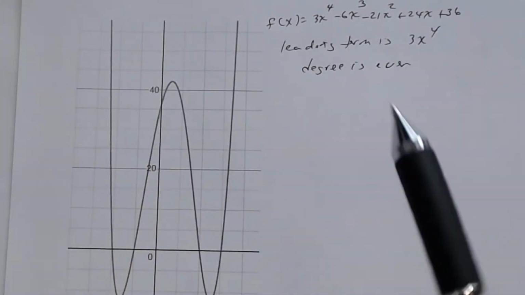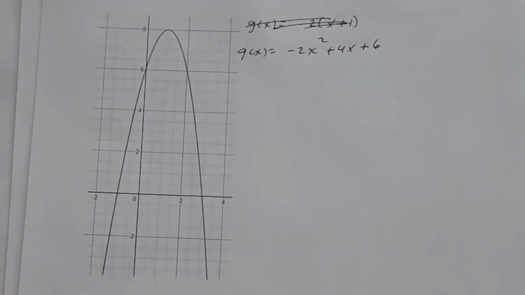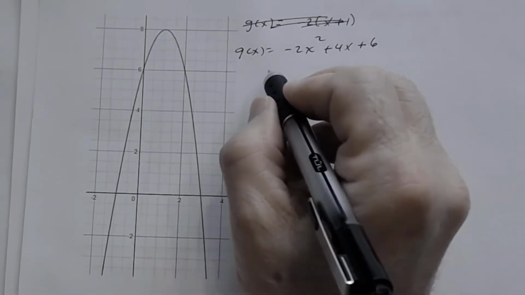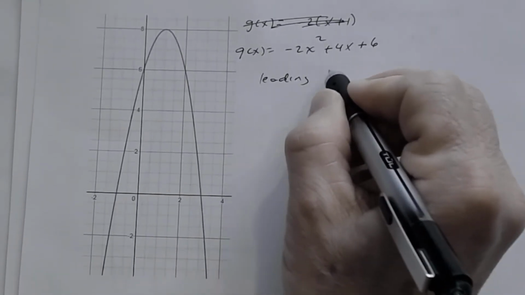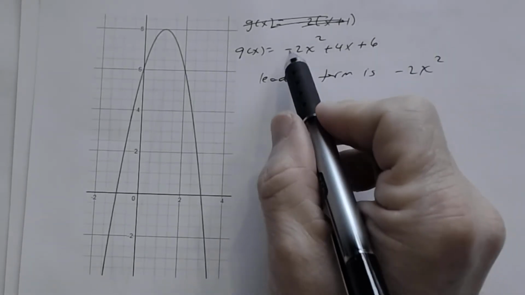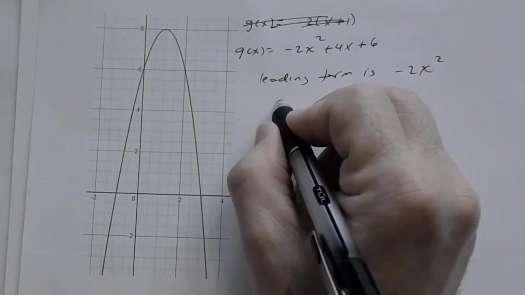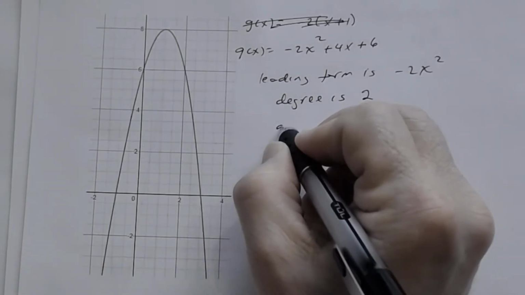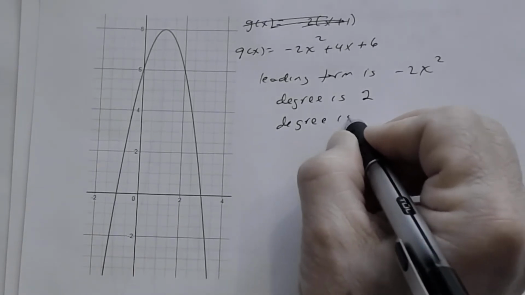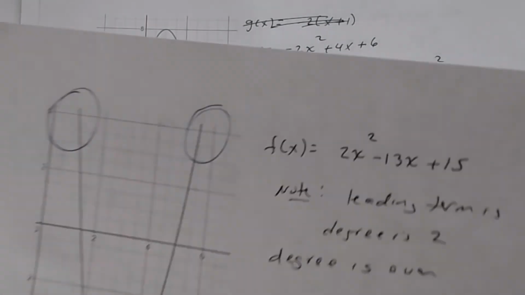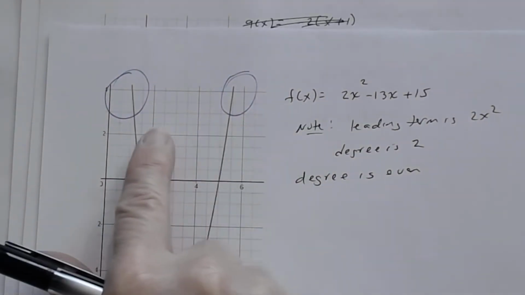Now, listen carefully to this. Let's look at this one. The degree is even, right? So the leading term is negative 2x squared. Remember, you have to keep that sign. The degree is 2, so the degree is even. But here's the question. Over here, the arrow is pointed up.